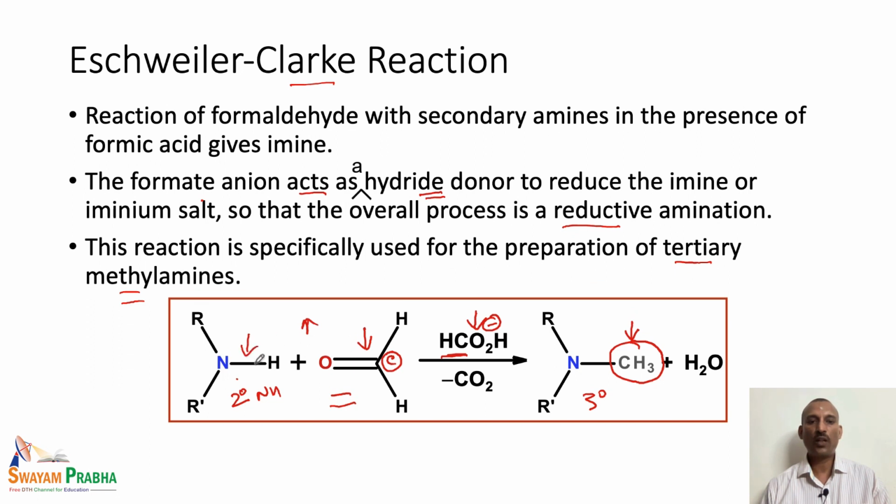These two are condensed together to give the corresponding amino derivative. So, reduction and amination both take place. This is a reductive amination reaction, and here we are using formaldehyde as one of the reagents. So, this is ending up with the methyl derivative, that means the tertiary methylamines are formed. So this is a very specific reaction for the preparation of tertiary methylamines.